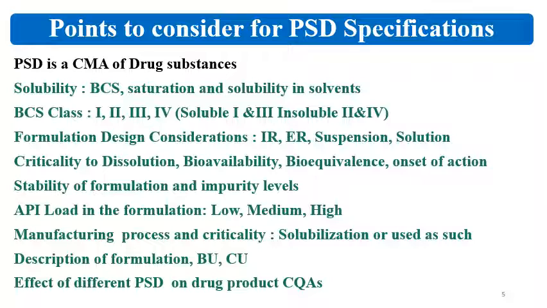Also, you should understand the effect of PSD on blend uniformity and content uniformity. Also, you should have the data in your hand with different particle size API batches and different manufacturing processes like direct compression, wet granulation, roller compaction, or other manufacturing processes based on the formulation requirement.